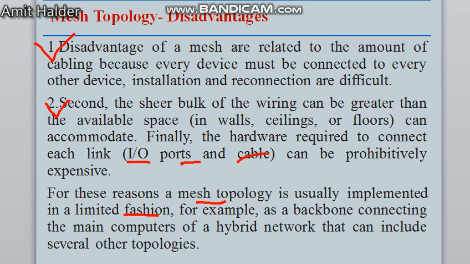For example, as a backbone connecting main computers of a hybrid network that can include several other topologies. You can say if you use a personal computer, a desktop PC in your home, you connect your CPU with that, you connect your mouse, you connect your keyboard, and if you connect the printer, so each and every part has been connected to the single CPU.